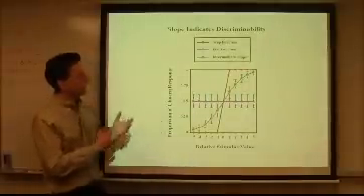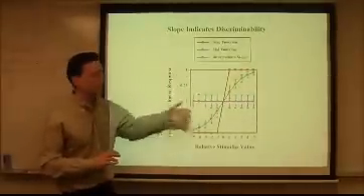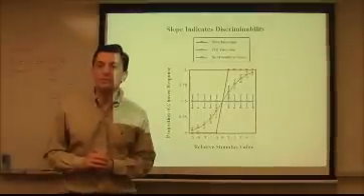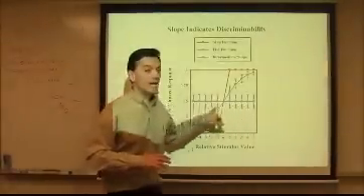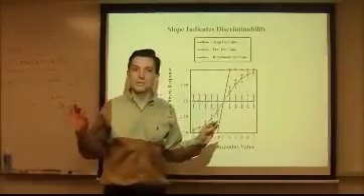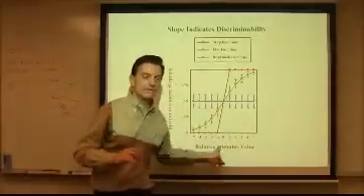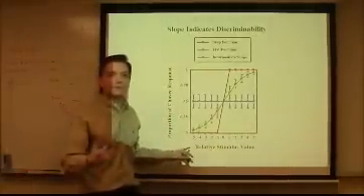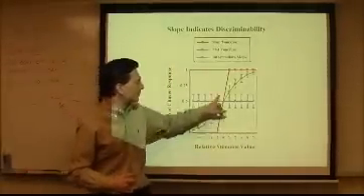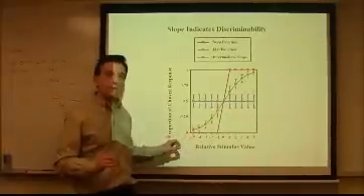So what's going on here is that these three different participants are showing three different levels of sensory sensitivity. The person in blue has essentially no sensitivity whatsoever to the physical variations of the baseball that's coming in. The person in green is able to discriminate these really quite well.